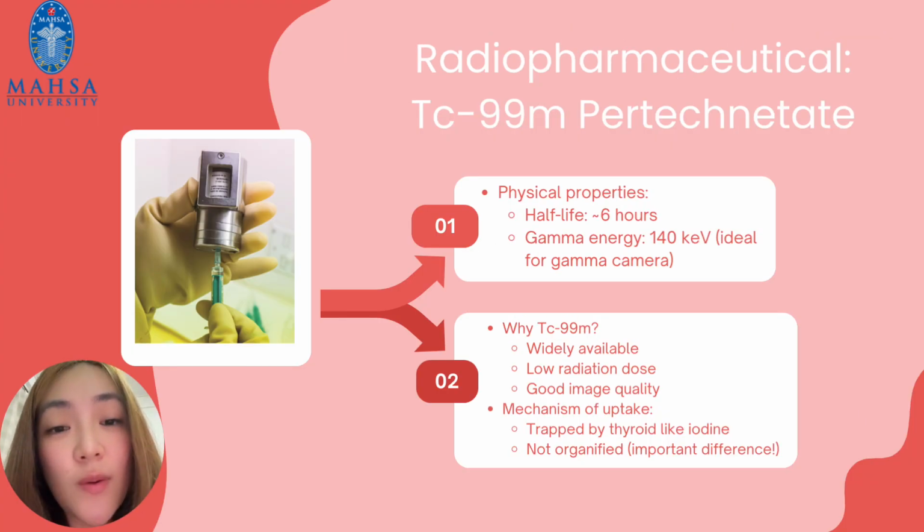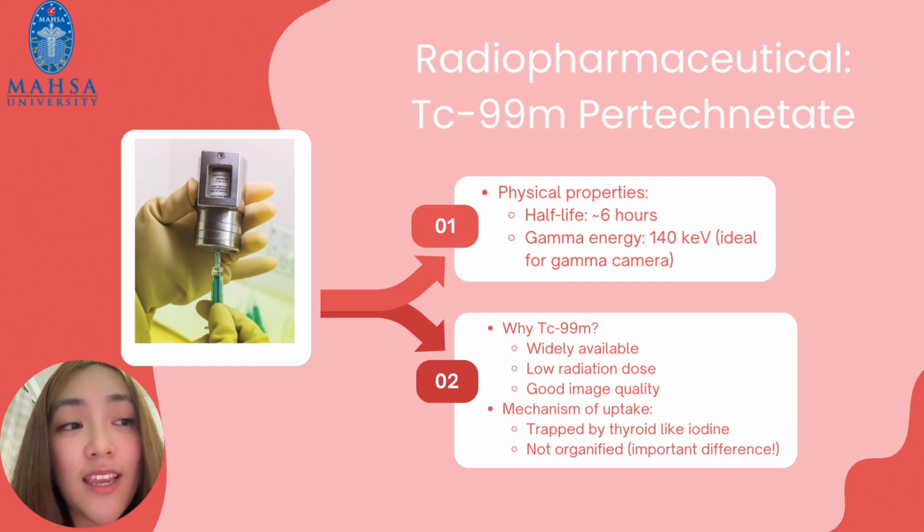So next, we are going to talk about the radiopharmaceutical used in the thyroid scan, which is the TC-99M Pertechnetate. The physical properties: the half-life of TC-99M is 6 hours, and the gamma energy produced is 140 keV, which is ideal for the gamma camera, which can produce a good quality image.